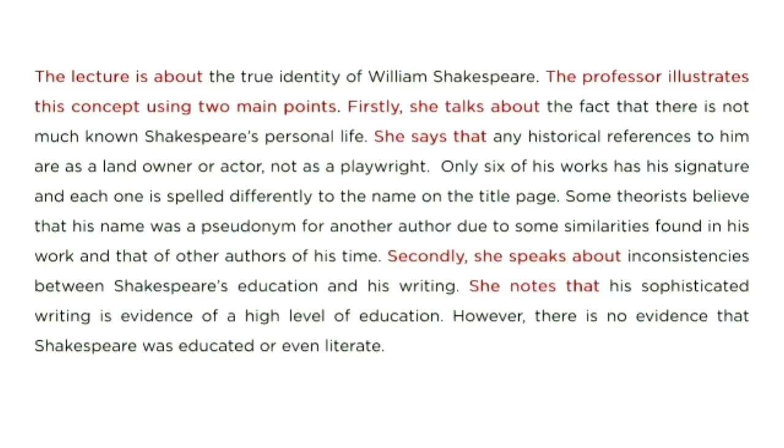She says that any historical reference to him are as a landowner or actor, not as a playwright. Only 6 of his works has his signature, and each one is spelled differently to the name on the title page. Some theorists believe that his name was a pseudonym for another due to some similarities found in his work and that of other authors of his time.